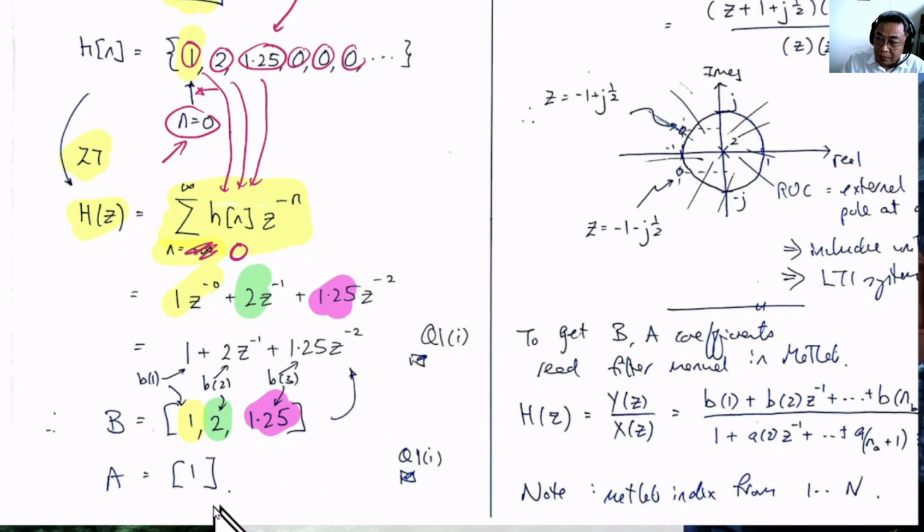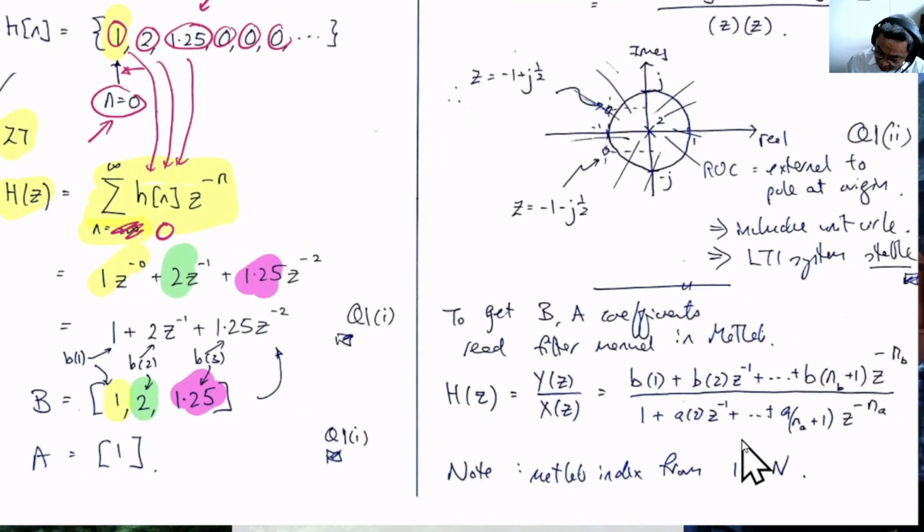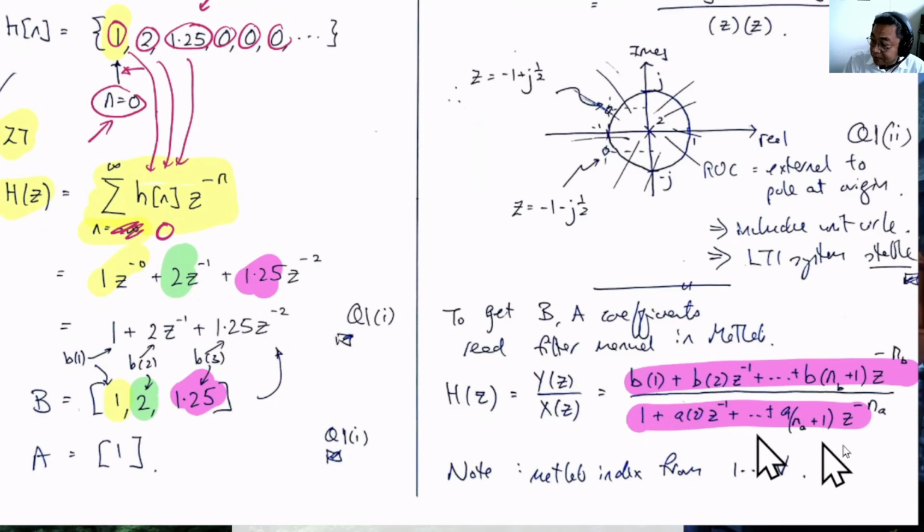And A equals 1, because in the transfer function there are no A coefficients and there is only 1 here.